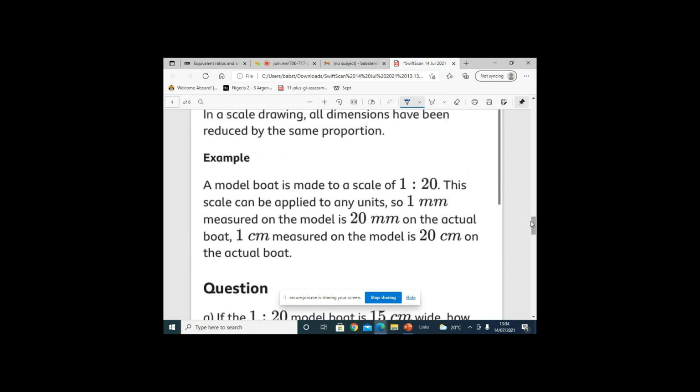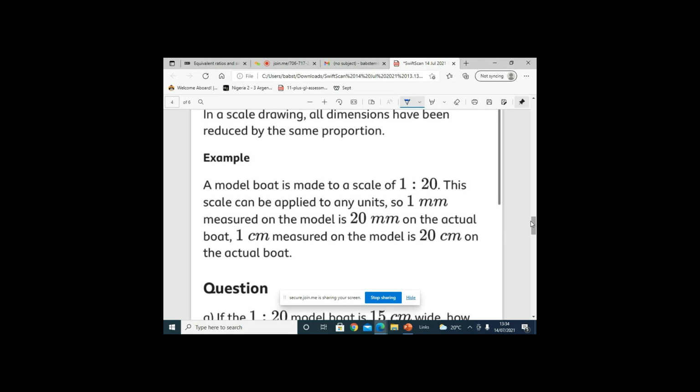Say a model boat is made to a scale of 1 to 20. This scale is applied to any unit. If it's in millimeters, 1 millimeter represents 20 real millimeters of the actual boat.